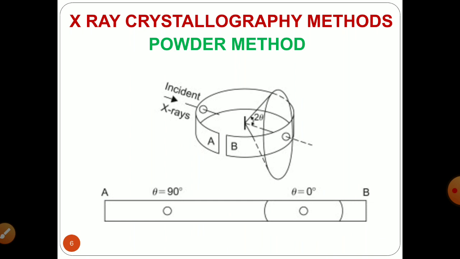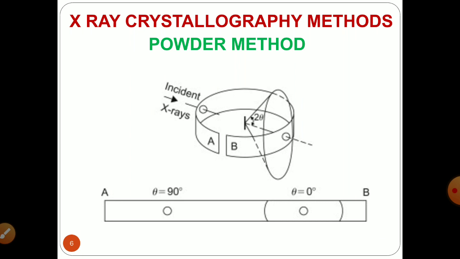We have seen that you can undergo cleavage of your material. So once you are grinding that crystal, the randomly oriented crystals will have different angles of reflection. So in the powder method, you are having variable theta.